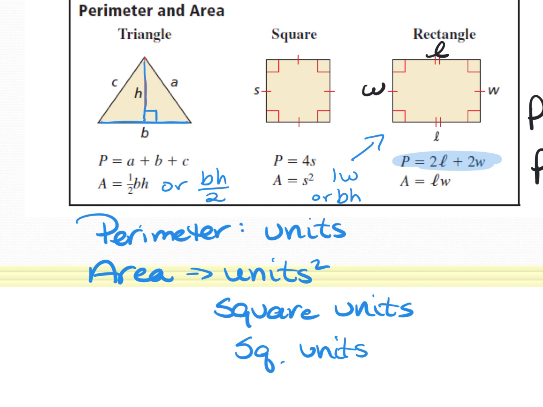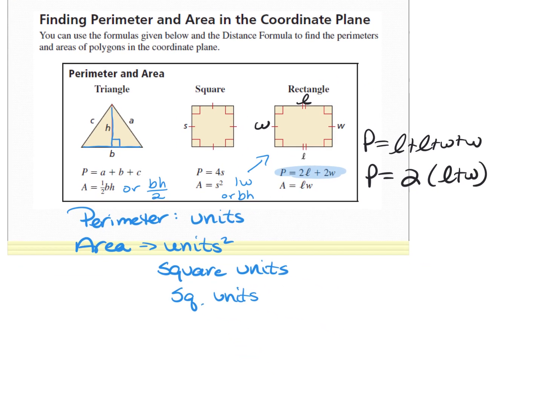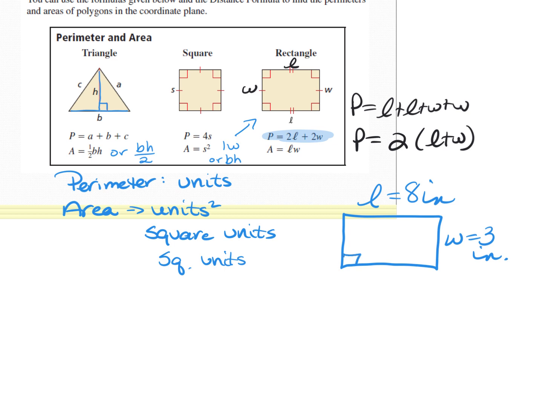So let me give you a picture of a rectangle, and let's just try an example here. Now you're going to be graphing it in a coordinate plane, but let's say we already had the lengths. So let's say the length here is 8 inches, and the width is 3 inches. And they said, find the perimeter.